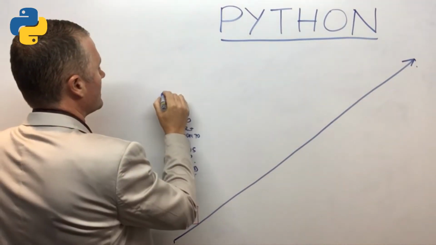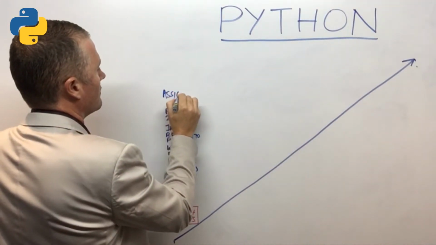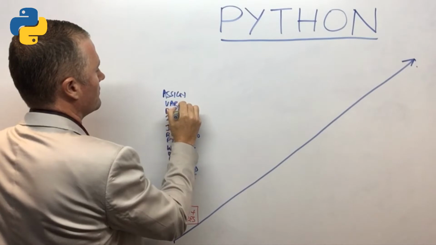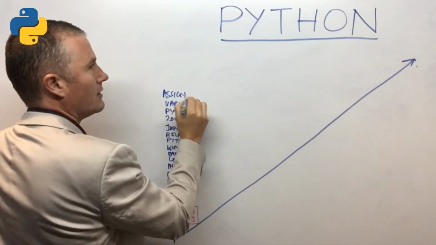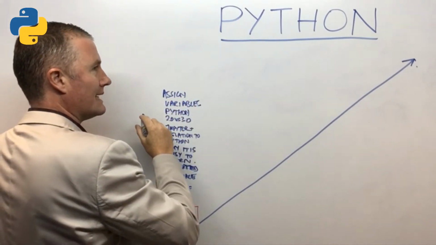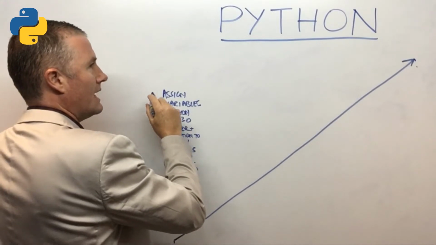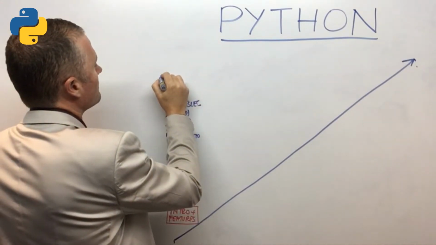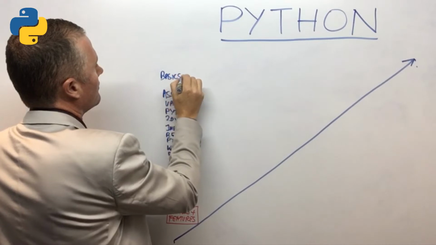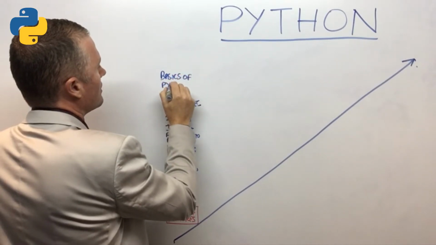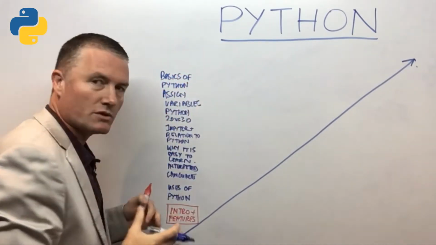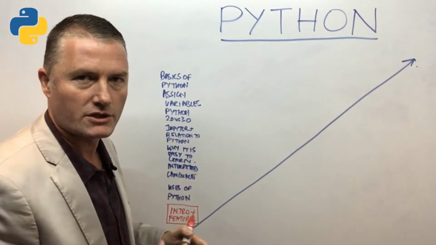Then we'll also be looking at how you assign variables. Then we'll look at the basics of Python, operations, and all just starting to build towards a working practical knowledge of the language.